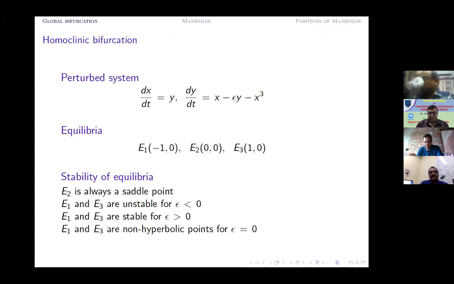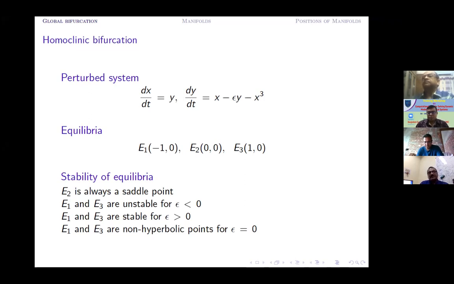This looks like a very simple system, and those working in the area of nonlinear dynamics can probably understand that this model is some sort of a perturbed version of the normal form of the pitchfork bifurcation, but the parametrization is a little bit different. Okay, so let us forget about the pitchfork bifurcation. Let us just concentrate on this particular problem.